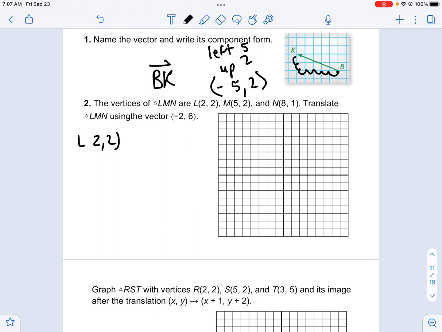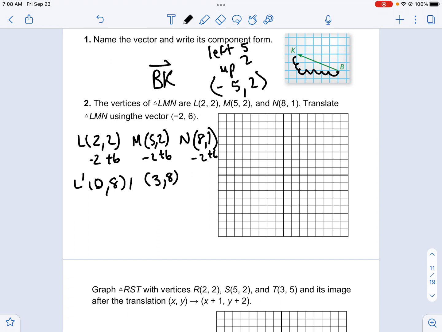L is 2, 2. M is 5, 2. And N is 8, 1. The rule says minus 2, add 6. All right, now we just plot all that.